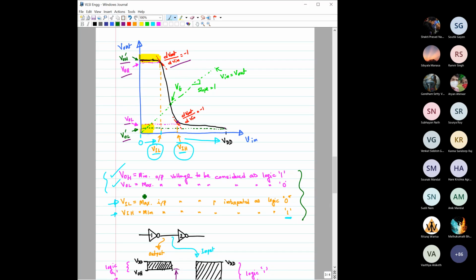So the minimum input voltage to be considered as logic 1 and the maximum voltage for logic 0 also change as you change the VTC, that is, your design. Are these four definitions clear to you, or do you have any doubt?